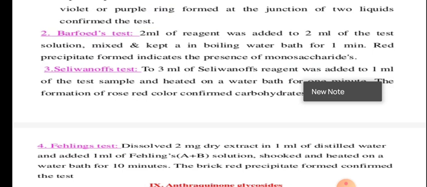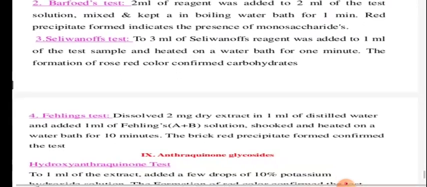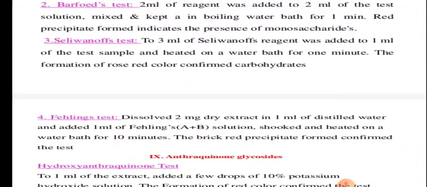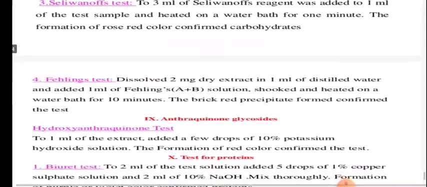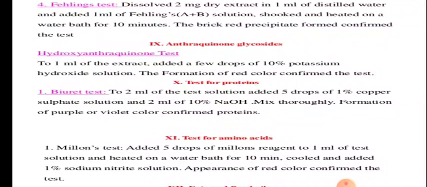Then Seliwanoff's test: 1 ml test solution, 3 ml reagent, heated in a boiling water bath, gives rose red coloration. Like this Fehling's solution is there, right. So all these tests are there.